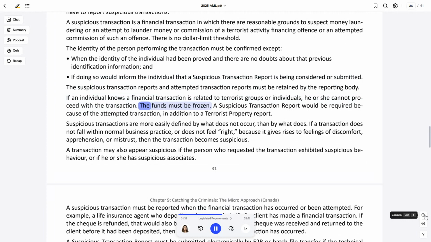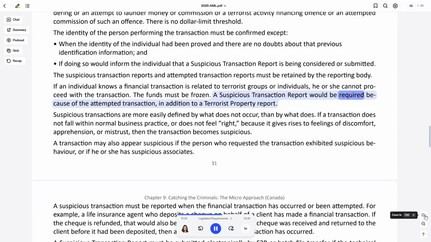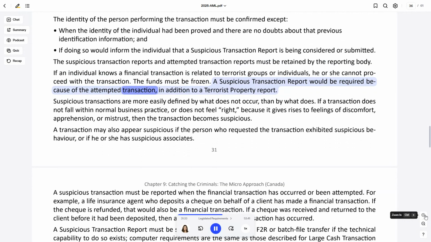The funds must be frozen. A suspicious transaction report would be required because of the attempted transaction, in addition to a terrorist property report.